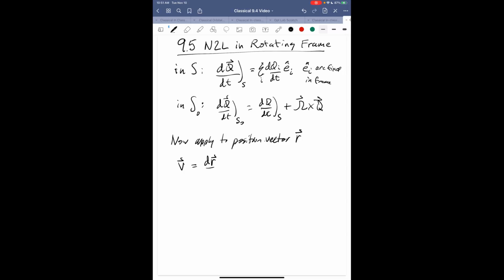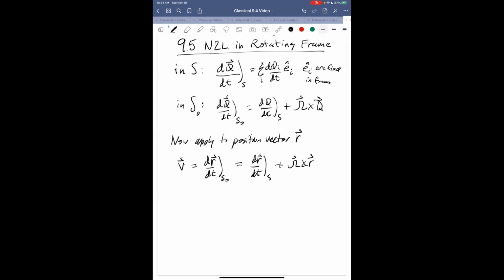So I want to take the derivative of this vector in the non-rotating frame. And by this result up here, we know that the way we write that is it's the derivative of that vector in the rotating frame plus this piece here, plus omega crossed with r. Okay, so fair. So that's how we would relate.